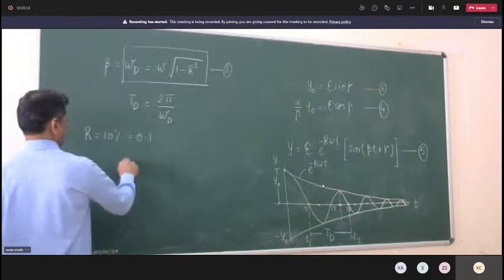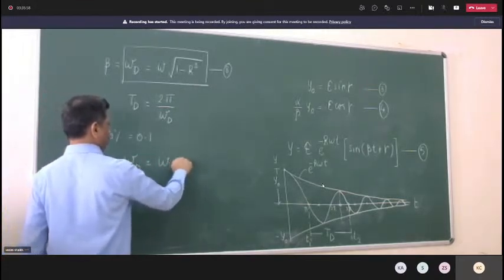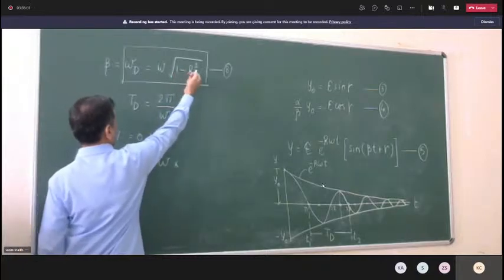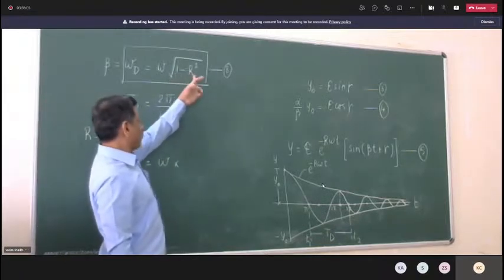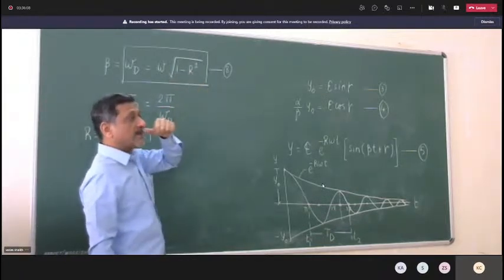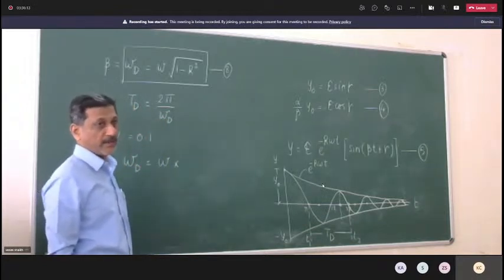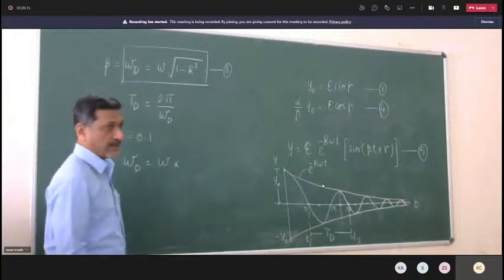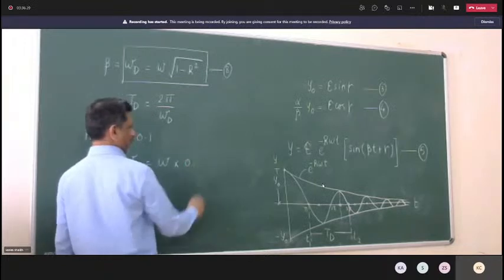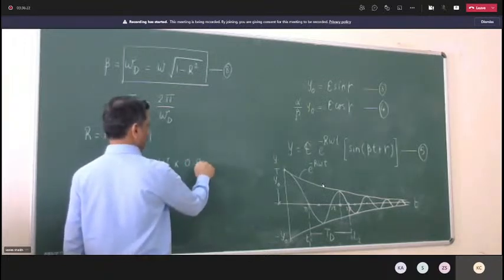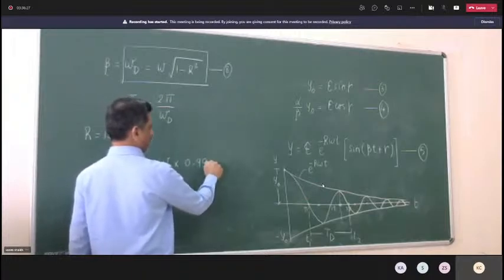Omega damped is equal to omega into root 1 minus 0.1 square. So 0.1 square is 0.01, and 1 minus 0.01 is root 0.99. So root 0.99 is 0.99. Okay.